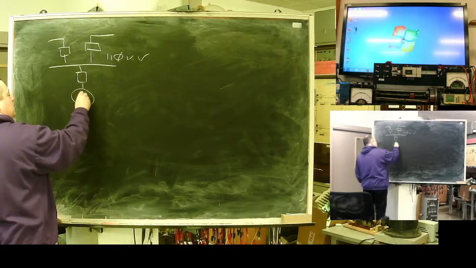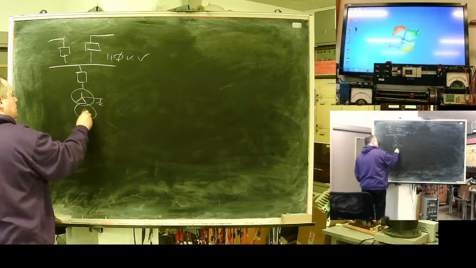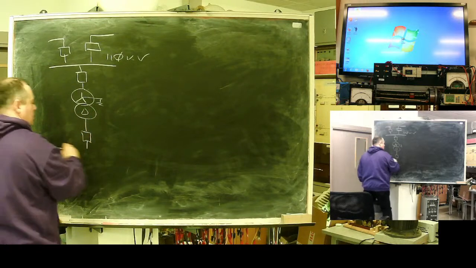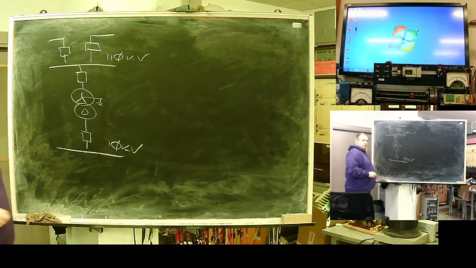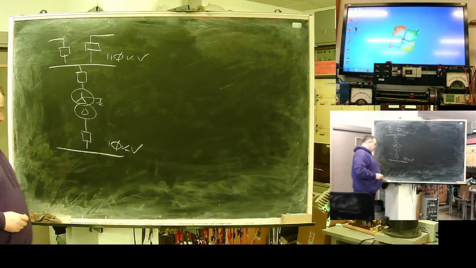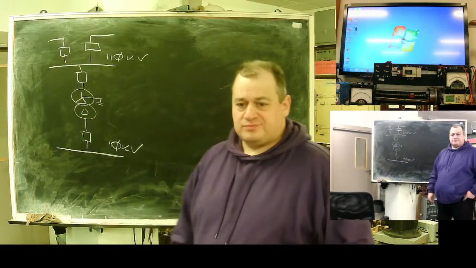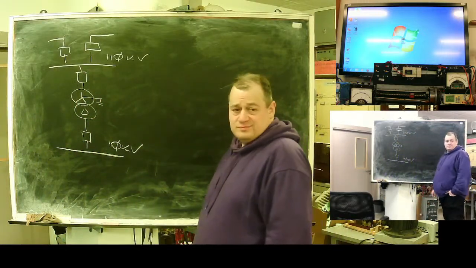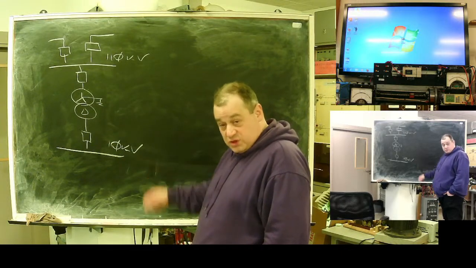This transformer, ground star, delta, let's say 10, 11, 12 kilovolt, whatever, middle voltage bus.